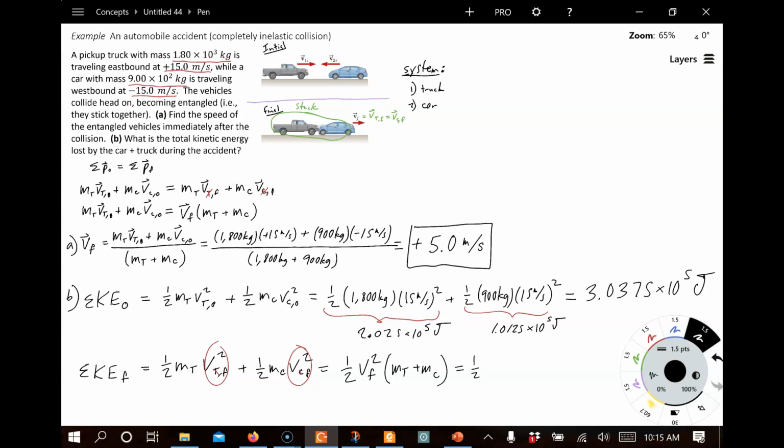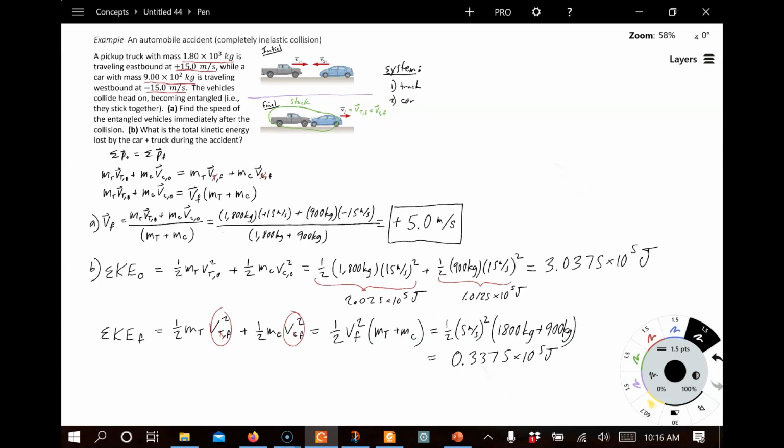So that's a 1/2 multiplied by 5 meters per second squared, and then the sum of the masses. And if we put those into the calculator, this is the number we get: 0.3375 times 10 to the 5th joules.